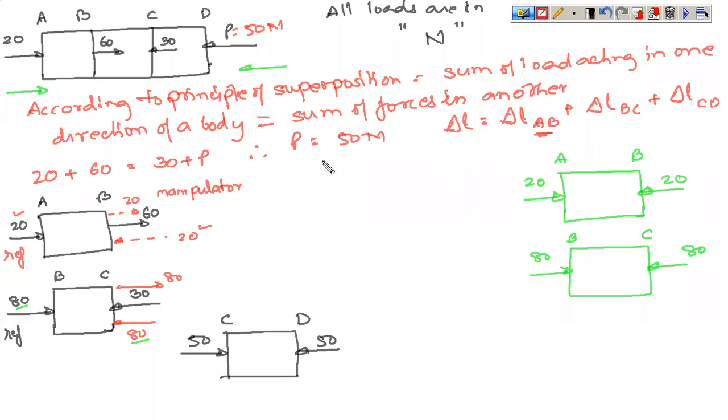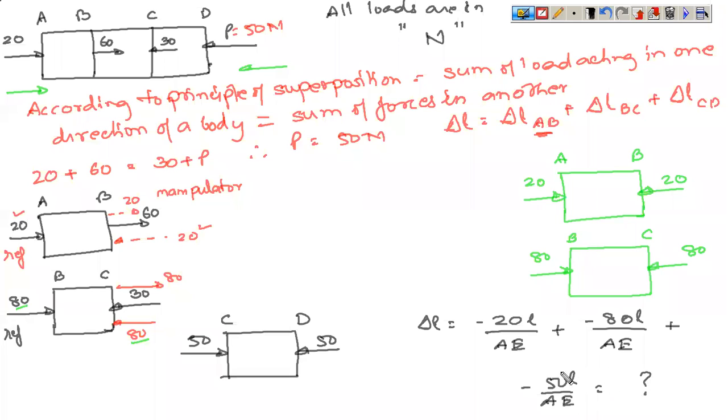Now, if you want to find out delta L, total delta L, for this it will be minus 20 L by AE. This will be plus again for BC minus 80 L by AE. And for the third part again minus 50 L by AE.